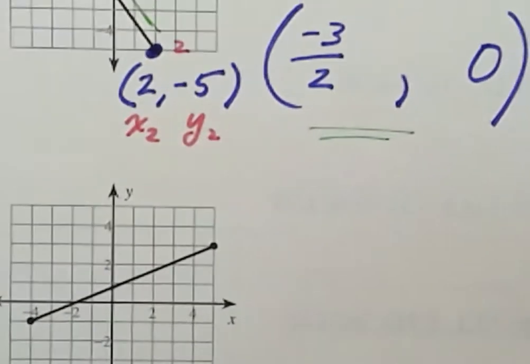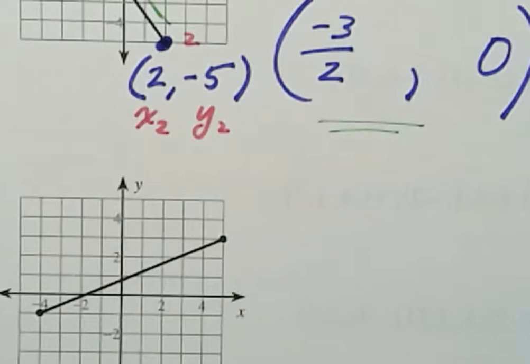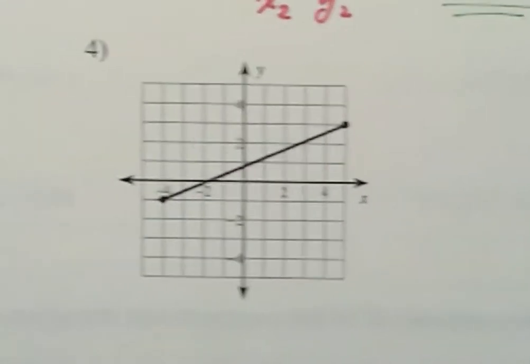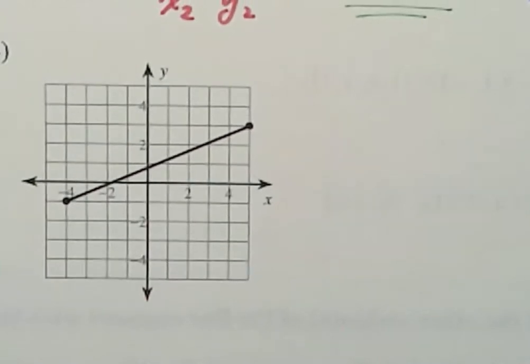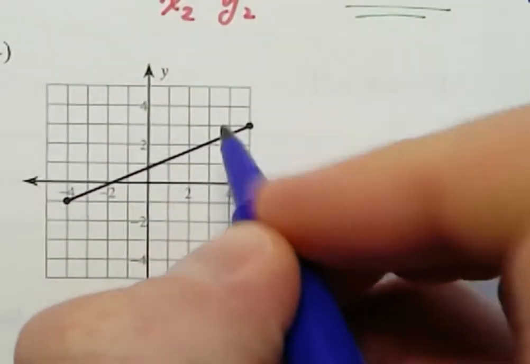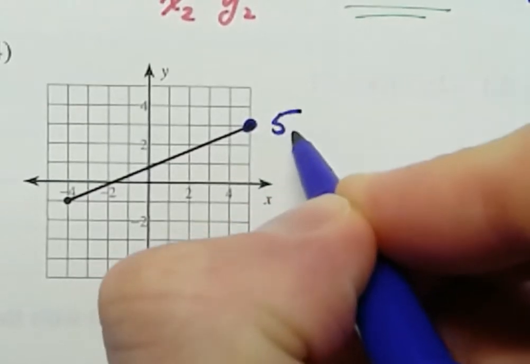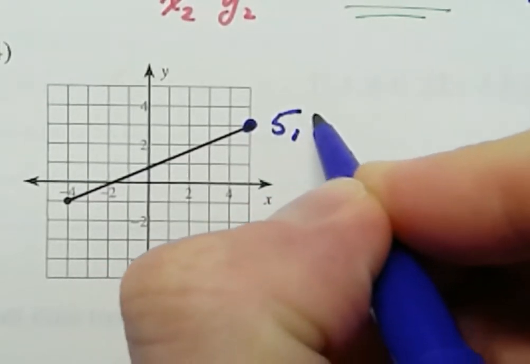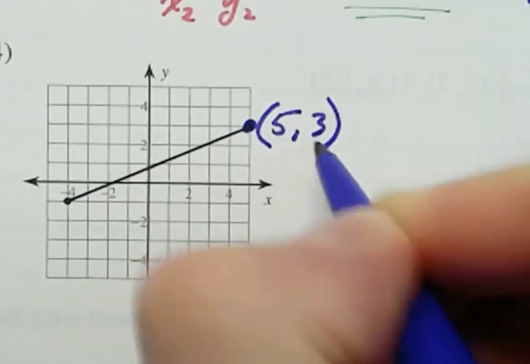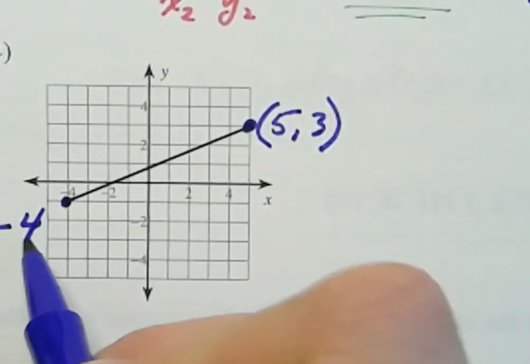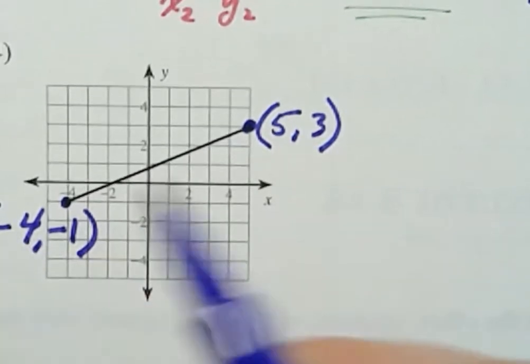Let's do one like this. Okay. So this point right here looks like (5, 3). And this point down here looks like (-4, -1).